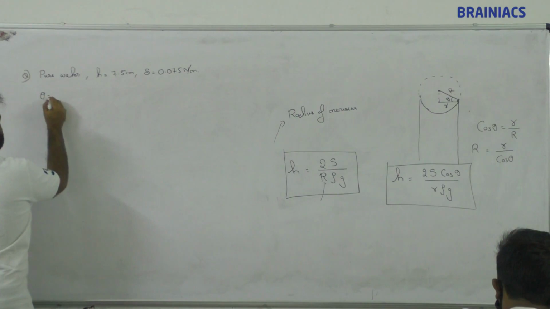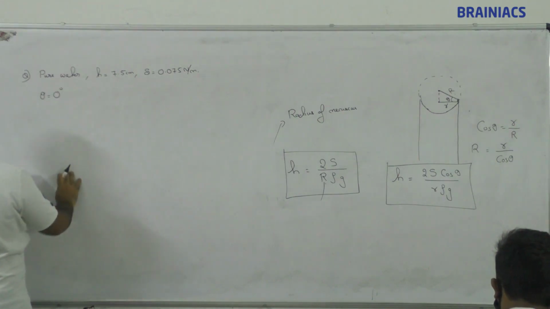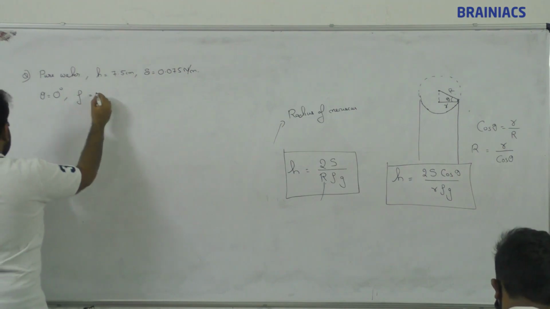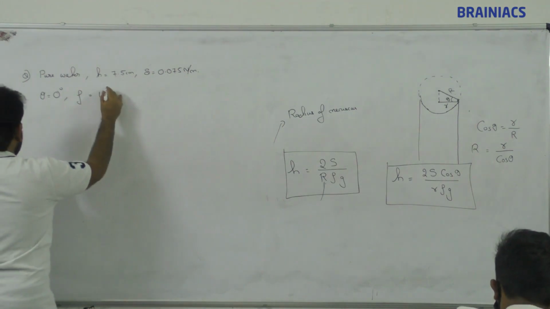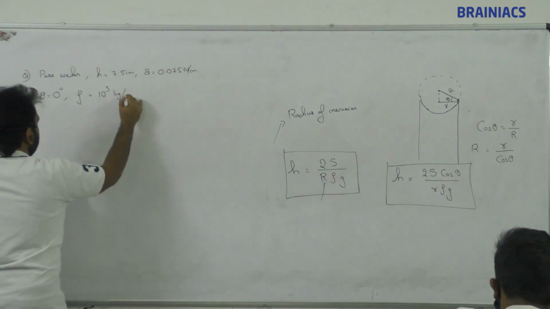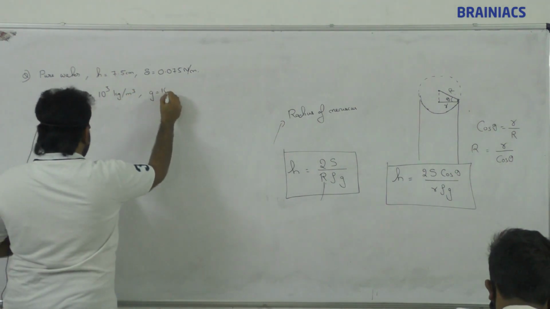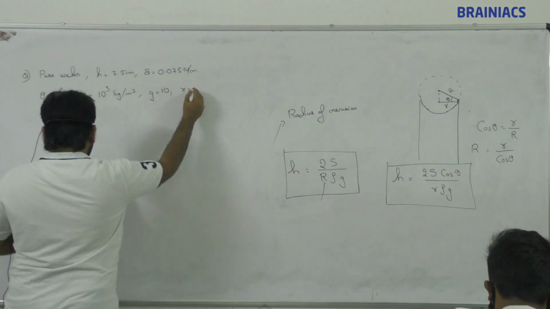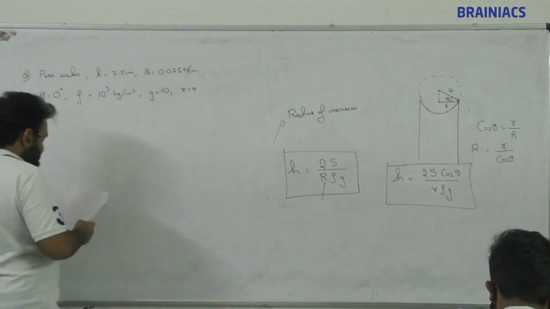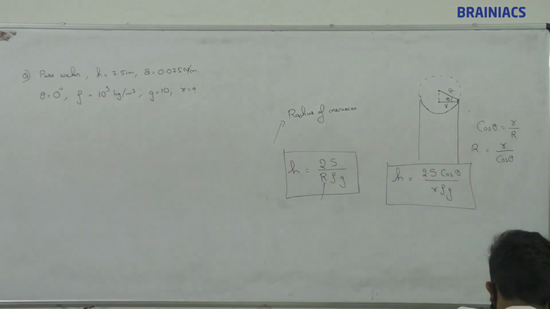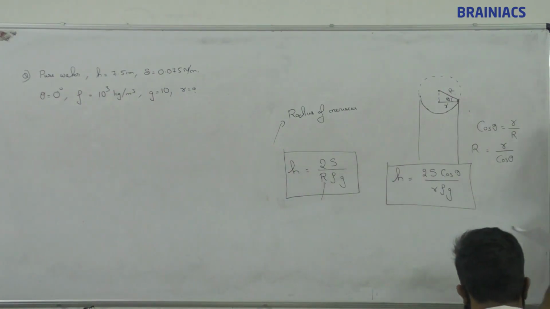So theta is equal to 0. And the density is equal to 10 raised to 3 kilogram per meter cube. g is equal to 10. What is the radius of the tube? Radius of the capillary tube.